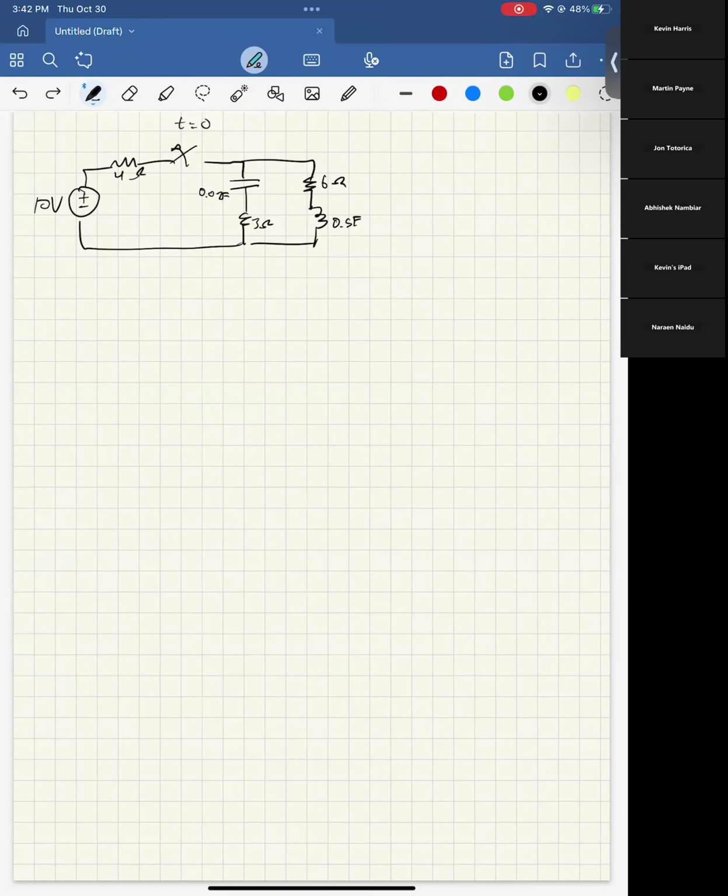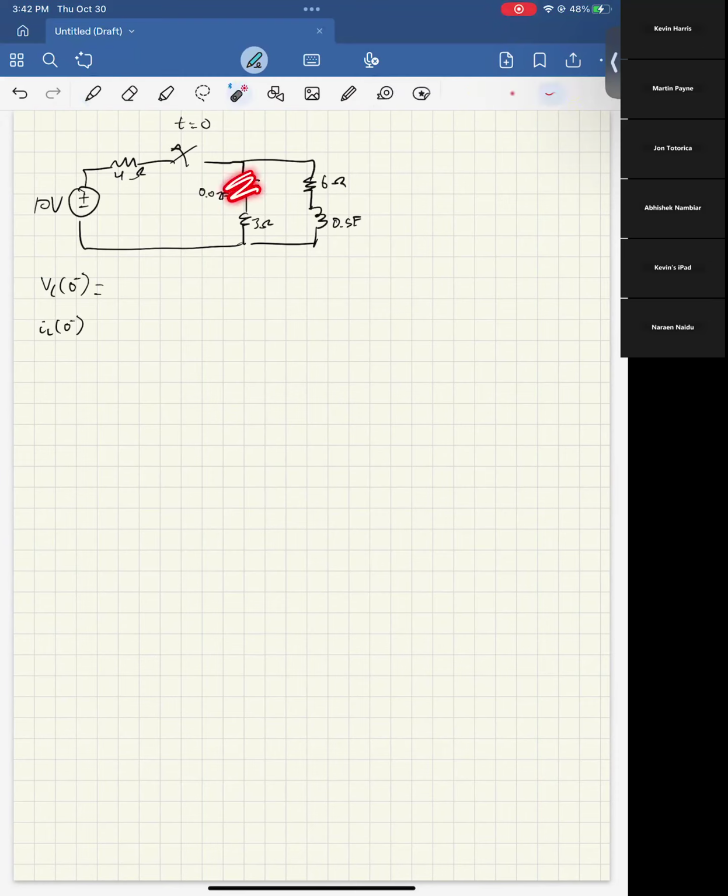So here, again, we're going to start by just finding our VC of 0 minus and our IL of 0 minus. First, we know that our capacitor will be an open circuit, right? Actually, it's easier to first look at the inductor.